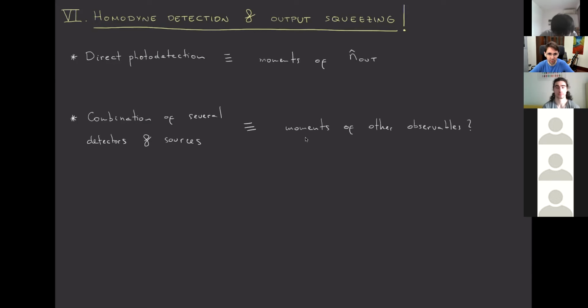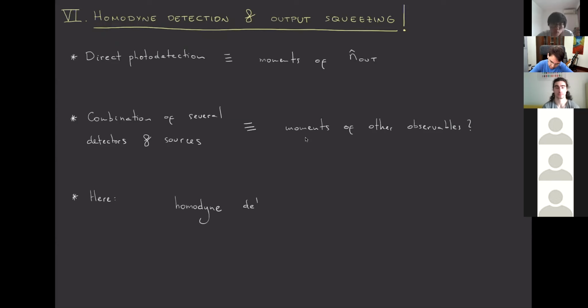So today what we are going to see is the section about Homodyne detection. And I will try to convince you that this kind of detection, which I will explain in a second, is just a combination of detectors and sources.